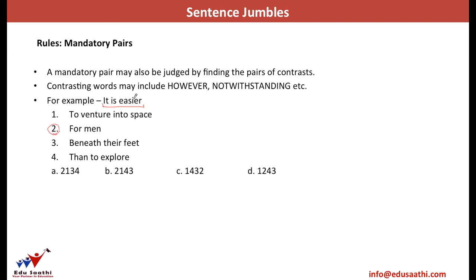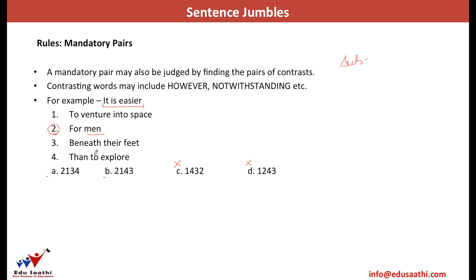Why? Because I have to place the subject here. The subject is the men. So this next part has to be 2. So I eliminate option number 3 and 4, C and D, because I have not stated the subject here. So it could be option number A or B as my answer.